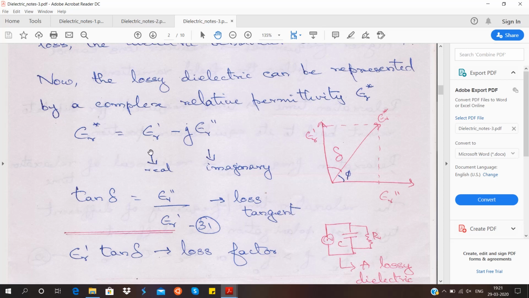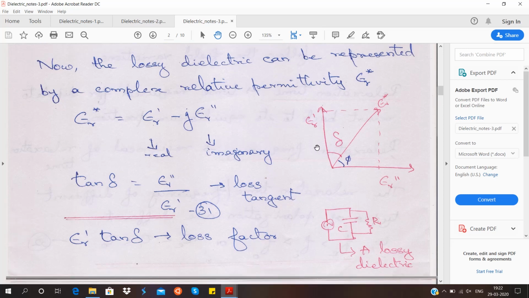Okay, there is a small mistake in what I have written in my notes. The real should be epsilon r double prime and the imaginary should be epsilon r prime. So once again, I resolve the relative permittivity vector epsilon r star into two: the real function on the x-axis, epsilon r double prime, and the imaginary term on the y-axis, epsilon r prime.